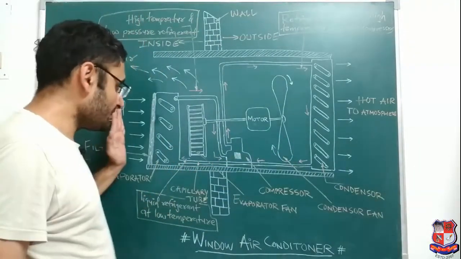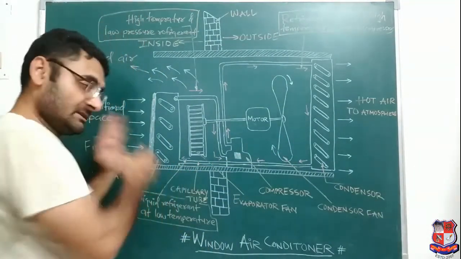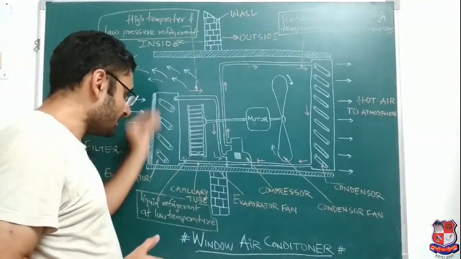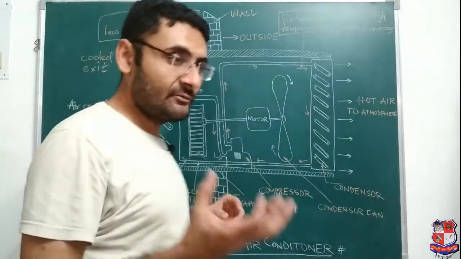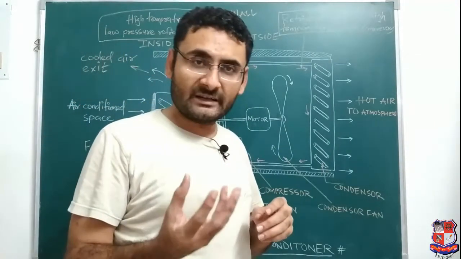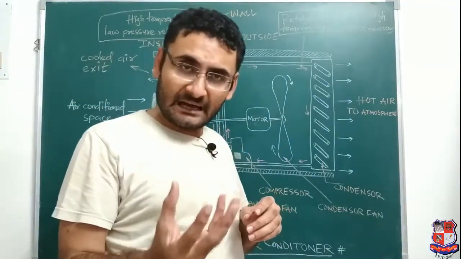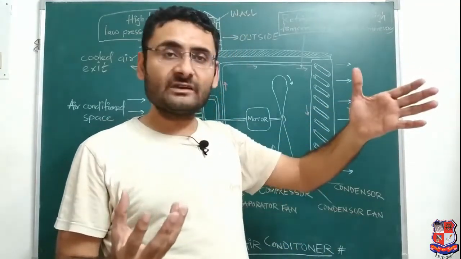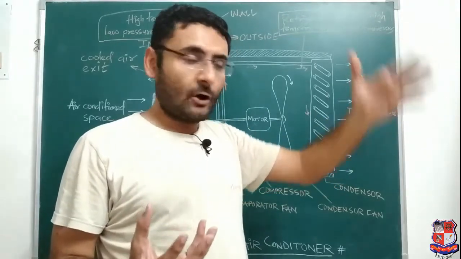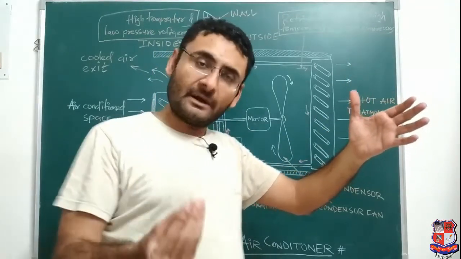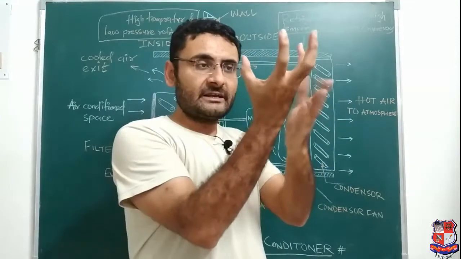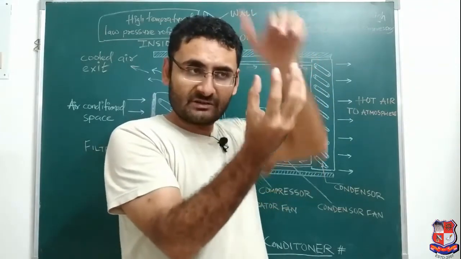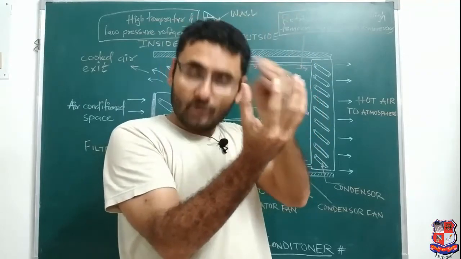That means over here, what happens? If I want to give one example of how water particles stick on the outer periphery of the evaporator: if you take very cold water inside a glass and keep that glass in the atmosphere, what happens? In the atmosphere, hot air is present, and that hot air consists of water particles in the form of vapor. Over here, the temperature is very low, that is your glass having a low temperature, because inside of that glass cold water is present.